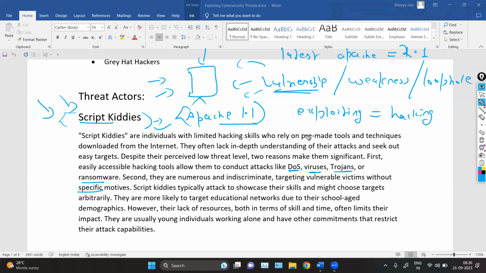So now you can see your server is using an outdated service, right? The version you are using on your server is Apache 1.1, but the latest Apache service is Apache 2.1. This is just an example. So basically now you can notice your company server is using a vulnerable service, which is an outdated service. This is known as a vulnerability.